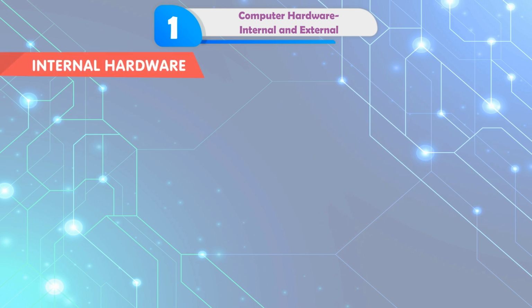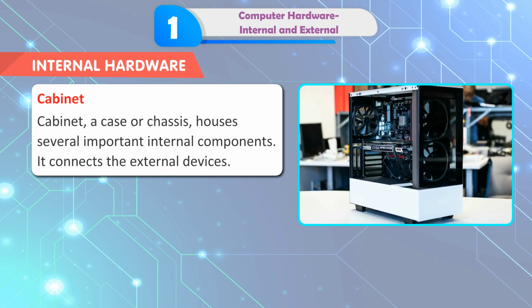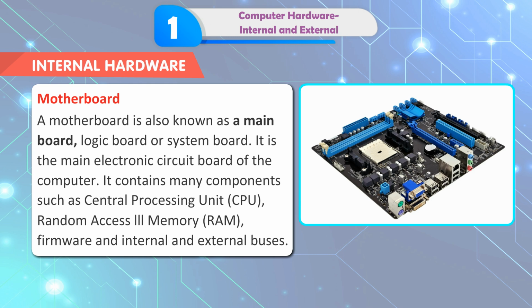Internal hardware. Inside the cabinet, you will find the following internal parts. Cabinet, a case or chassis, houses several important internal components. It connects the external devices. Motherboard. A motherboard is also known as a main board, logic board or system board. It is the main electronic circuit board of the computer.